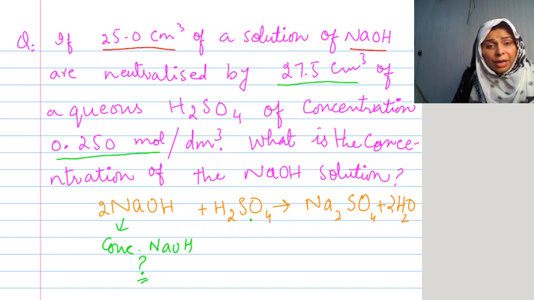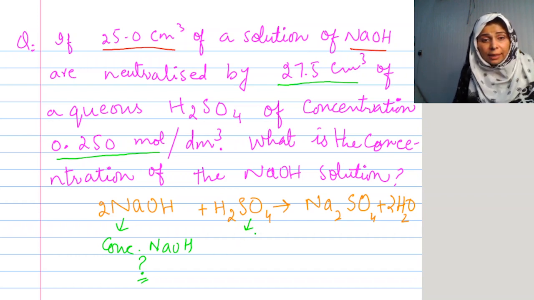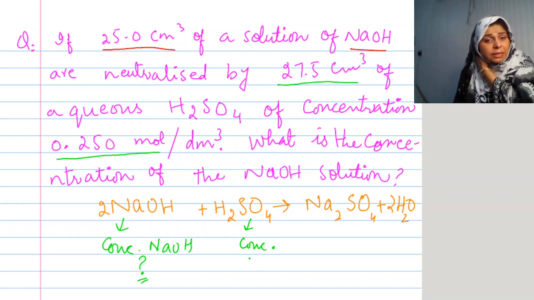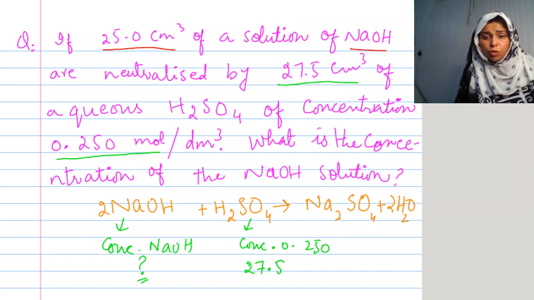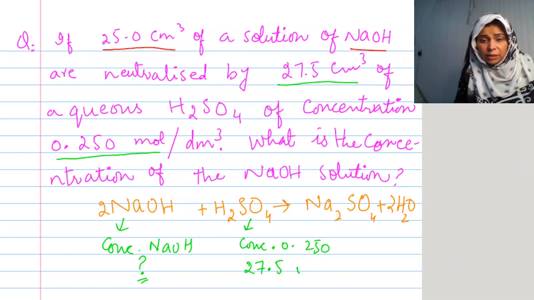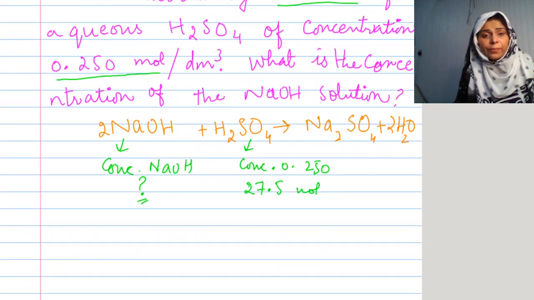What we have? We have sulfuric acid, right? Yes, we have the concentration of sulfuric acid, that is 0.250. We have the volume of sulfuric acid. So by using the concentration and volume, can we calculate the moles?